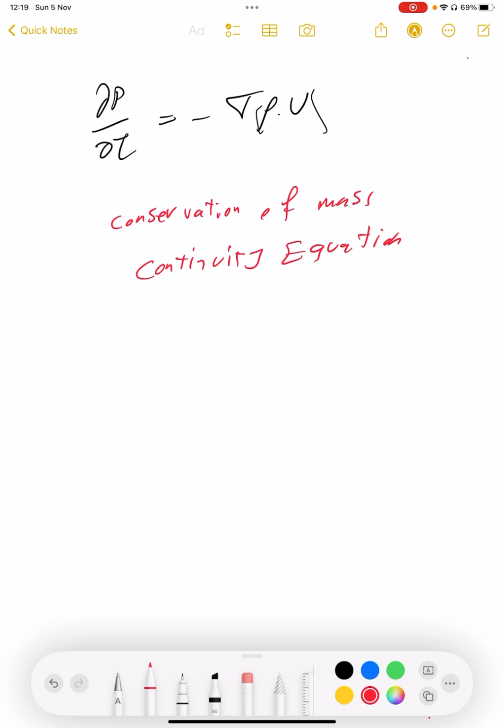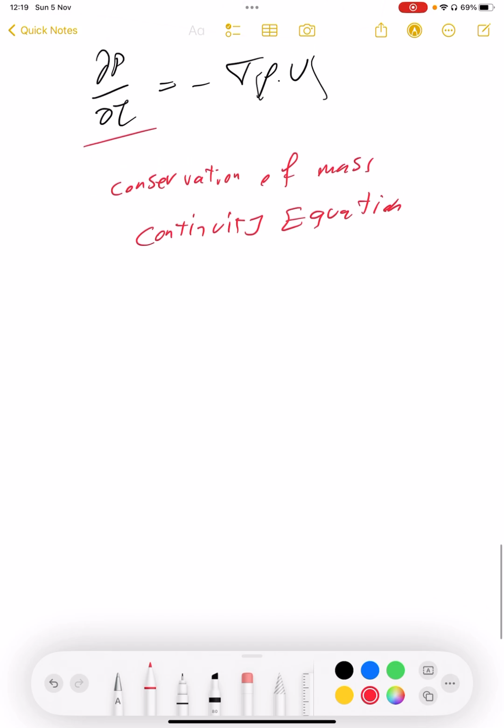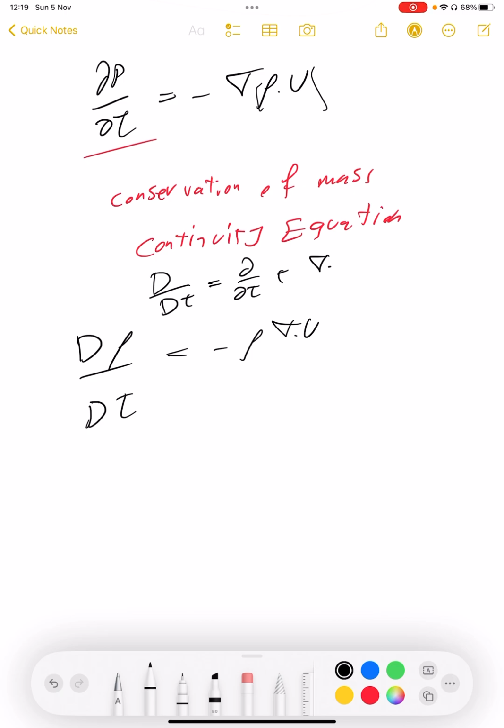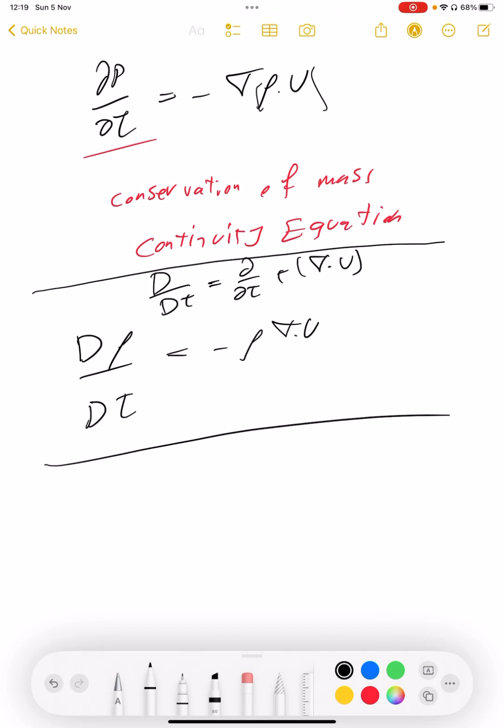I used this time derivative, which is a regular time derivative, but I would rather rewrite this equation in this form, using a different time derivative, which we call the material time derivative, and that would be equal to density multiplied by divergence of velocity, if I define the material time derivative to be the regular time derivative plus a convective term, which is this one. So this is actually a more appropriate way of writing this equation.